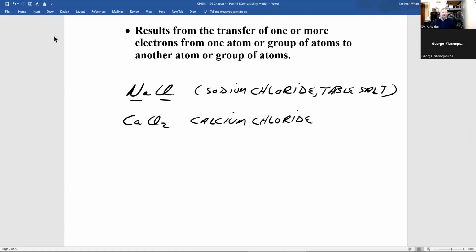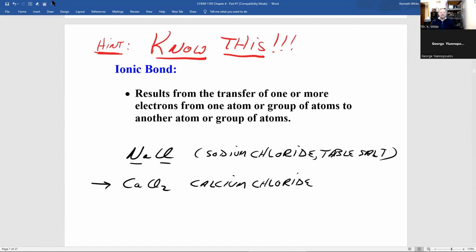You can use sodium chloride, but when it's really cold, calcium chloride, those white pellets you buy from the big box home improvement store like Menards, Home Depot, or Lowe's, I guess you can get it other places too, that calcium and two chlorines are held together by ionic bonds. So an ionic bond results from the transfer of one or more electrons from one atom or group of atoms to another atom or group of atoms.